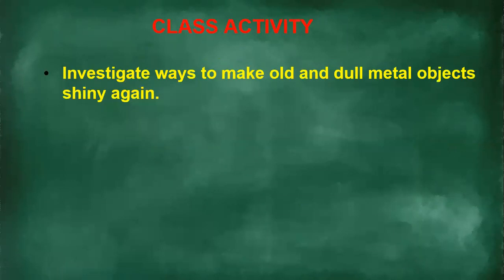Okay, I'm going to give you a class activity. I'm going to give you roughly 5 minutes, and I want you to tell me how to make dull objects shiny again.